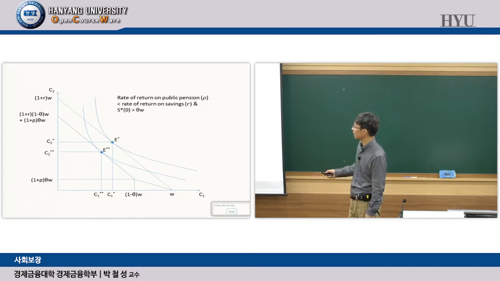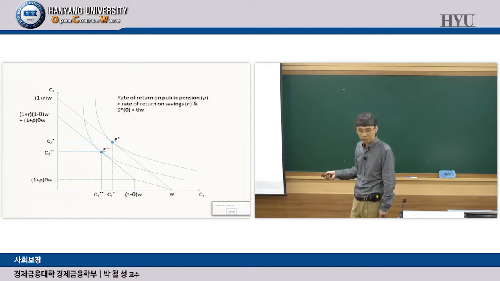What does it mean? It means, first thing, this individual will actually increase, okay, not the increase, but in terms of total savings. In total savings, before it was C1 star to W. Now this individual's total saving will become C1 2 star to W. Okay? So that means this individual will actually in total save more.